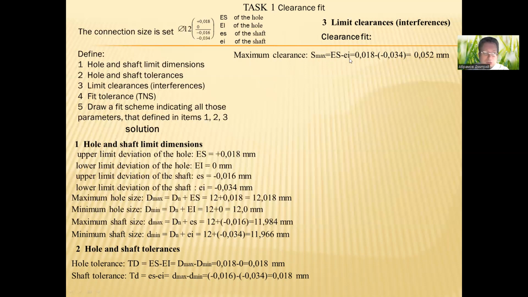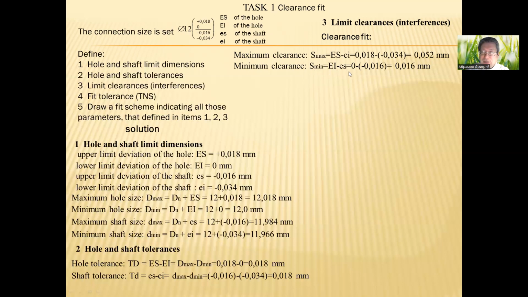Big ES minus small ei, big ES plus 0.018 minus small ei minus 0.034. And we have plus 0.052 millimeters.